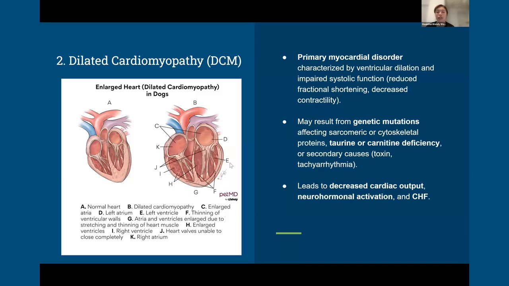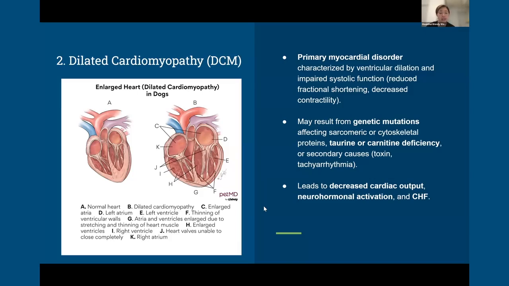And when there's ventricular dilation, that means the systolic function, meaning when the heart is trying to pump, it's not pumping as well because the ventricular muscles are quite weak, meaning there's going to be reduced blood going out, and that will eventually decrease the cardiac output and then lead to congestive heart failure.